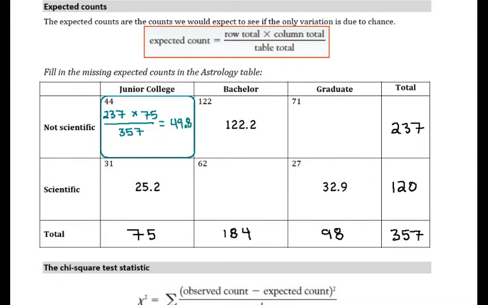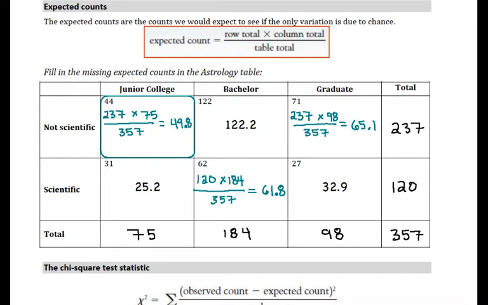If we do the same for the other boxes, following the same formula, we see we're always dividing by 357 because the table total really doesn't change from one cell to the next. We end up with these expected counts calculated.